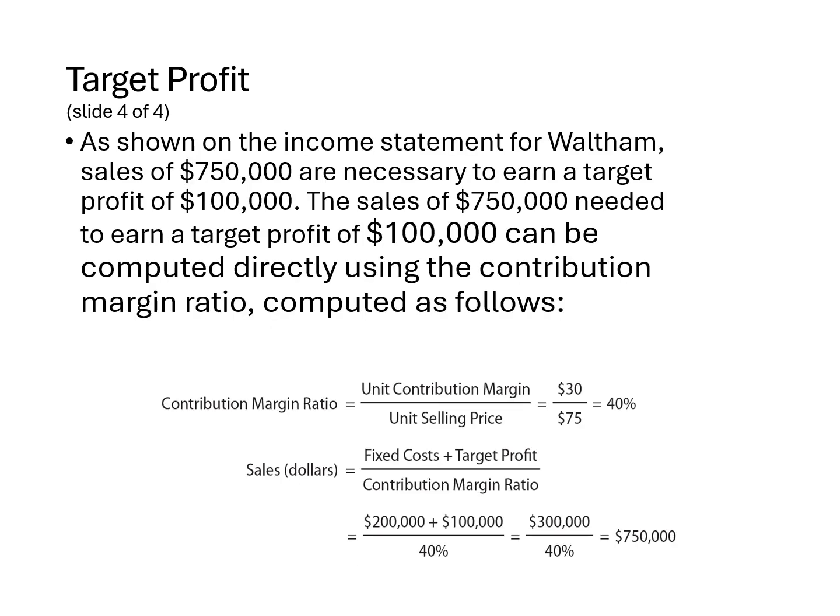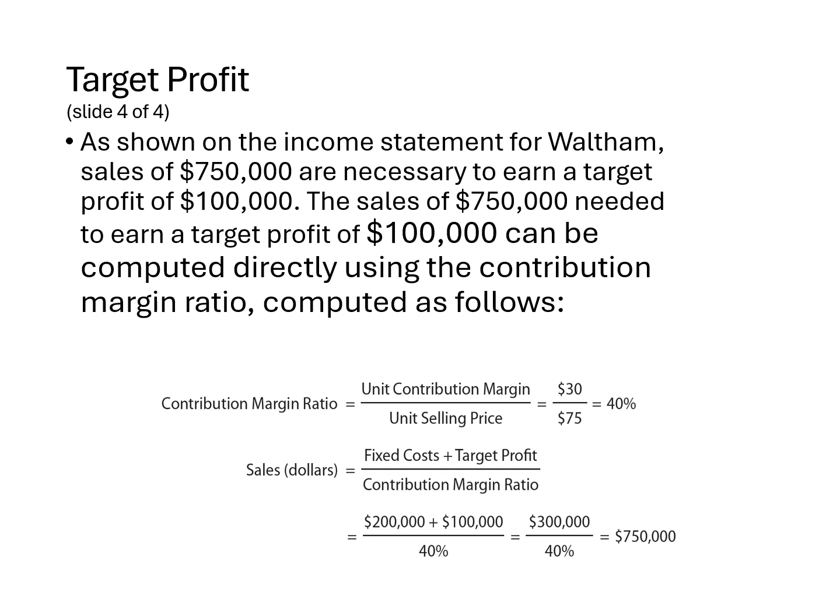If we wanted our calculation to tell us how much we needed to make in sales instead of how many units to sell, we do the exact same thing, but our denominator is contribution margin ratio, and it will give us our number in sales dollars instead of sales units. So fixed cost plus target profit divided by contribution margin ratio.